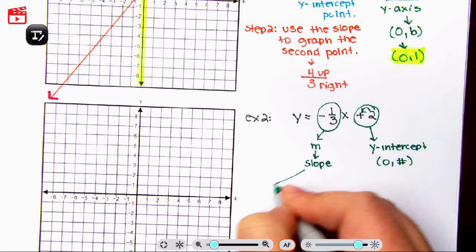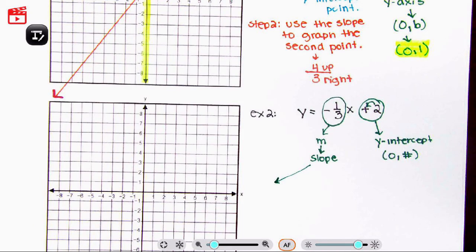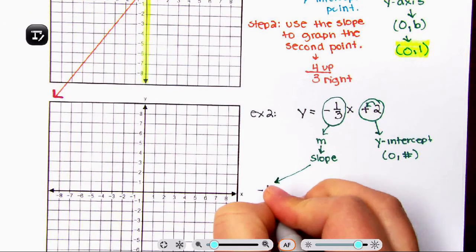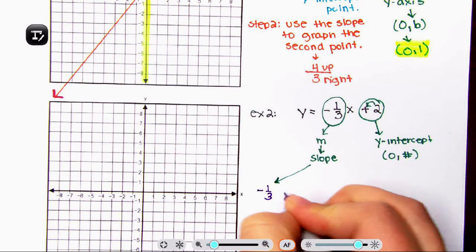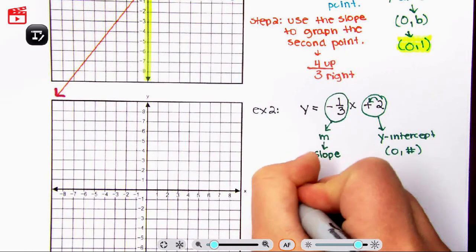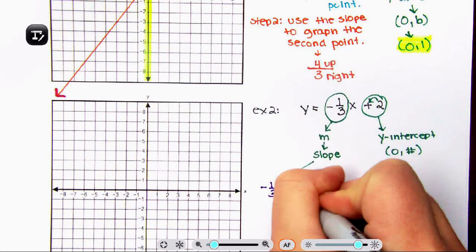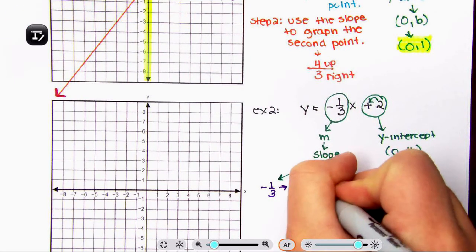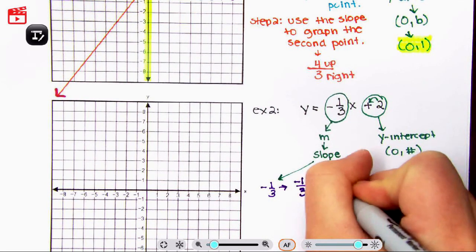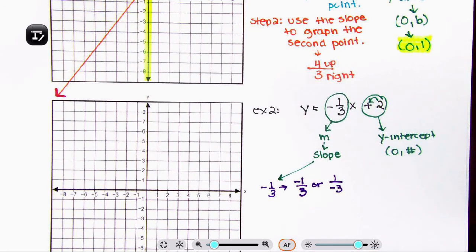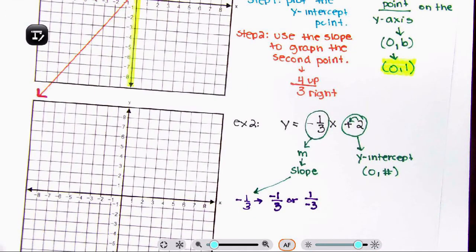So let's talk about the slope. The slope is negative 1/3. Now, read it the way you're saying it, or write it the way you're saying it. Negative 1/3. Or you can do 1 over negative 3. It is your choice which one you want to do.